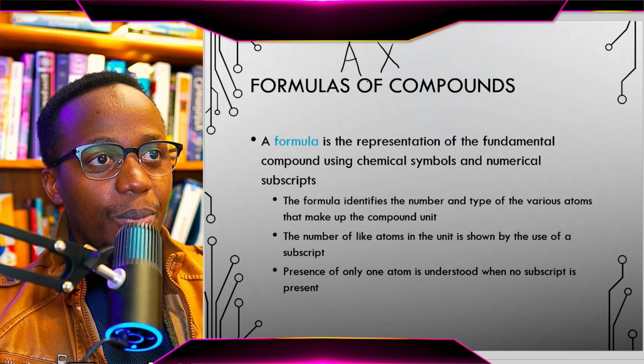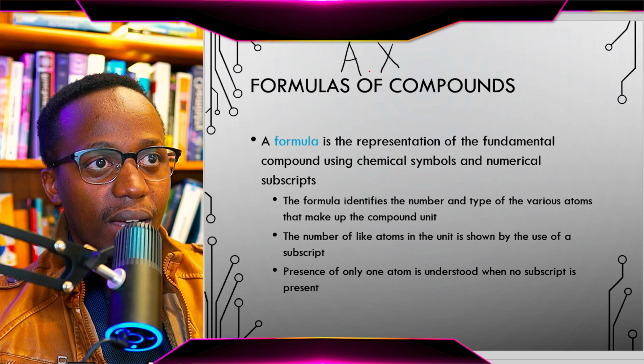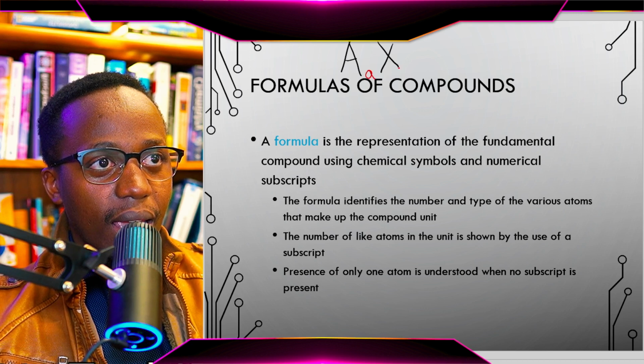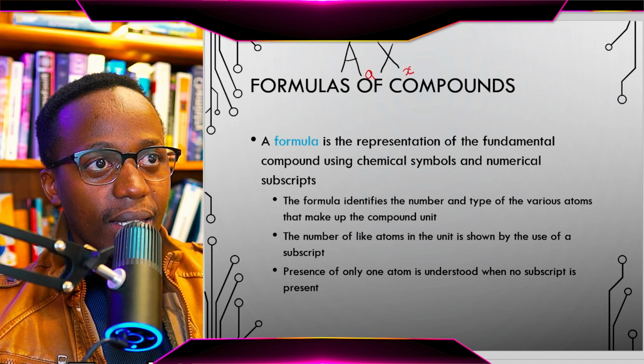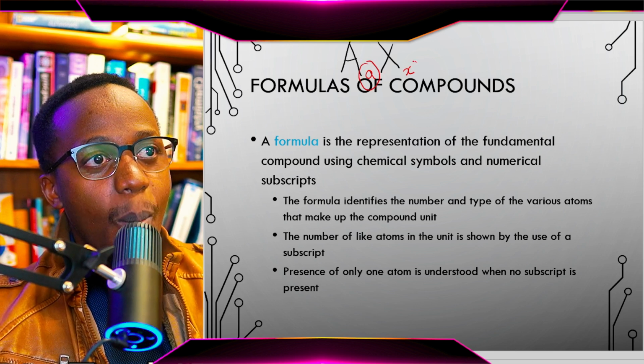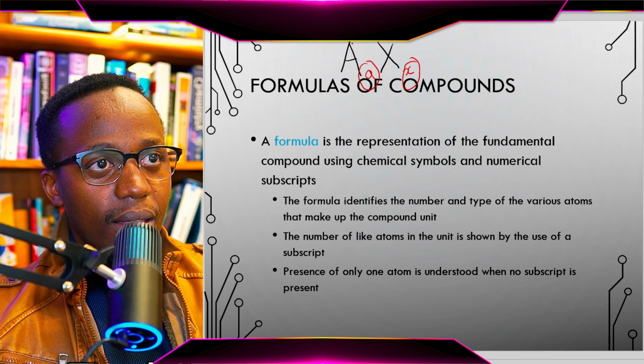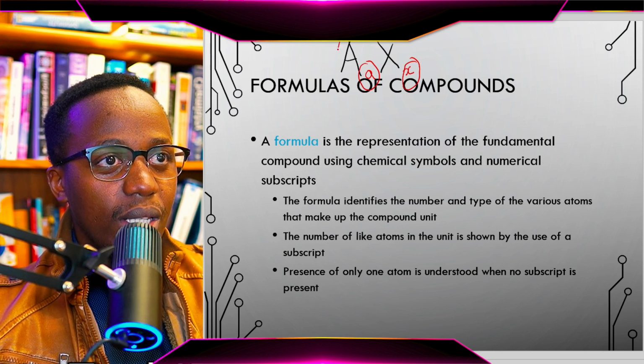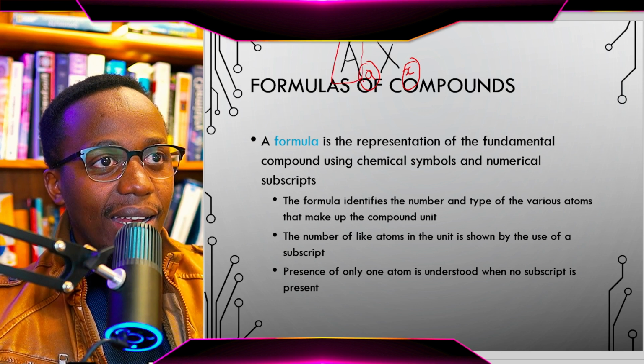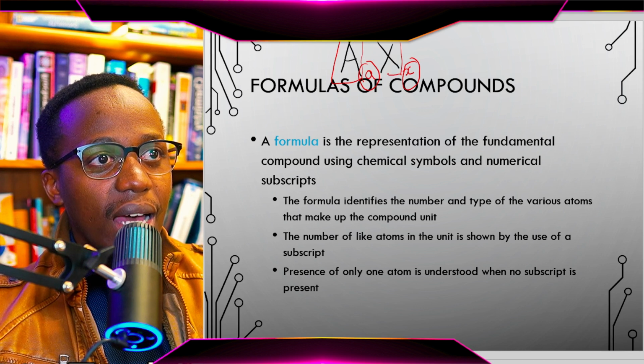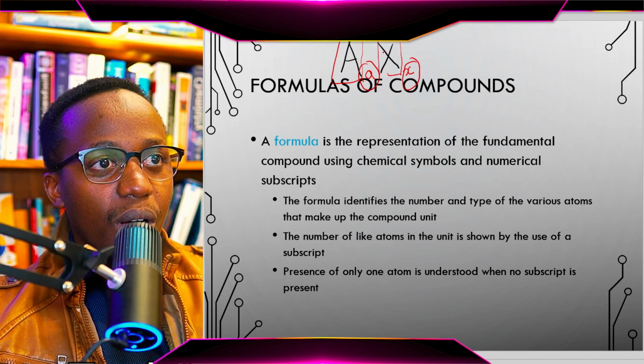Subscripts are the opposite of superscripts, so it's going to have numbers at the bottom here. Let's say A and small x. These little numbers right here are going to tell you the number of atoms. And then these big letters are going to give you the name or the symbol of the atom. This is the general formula.